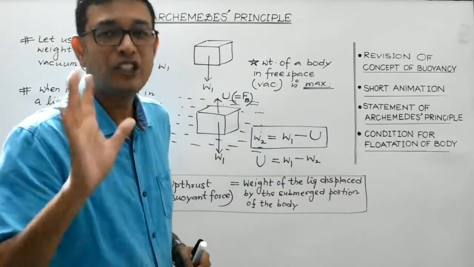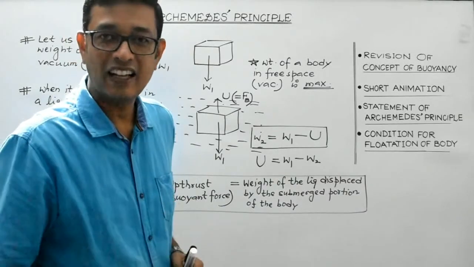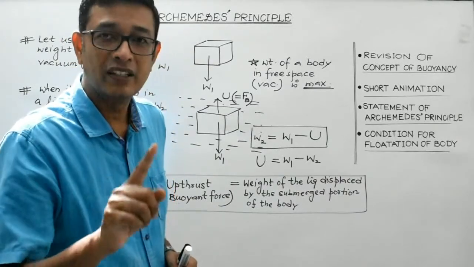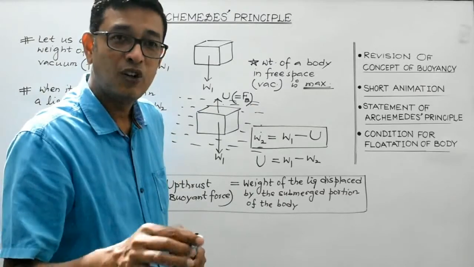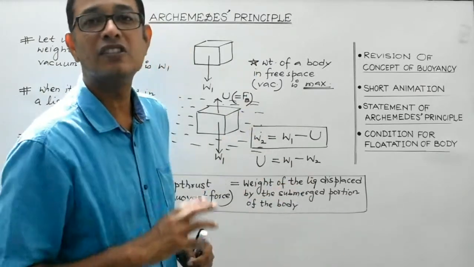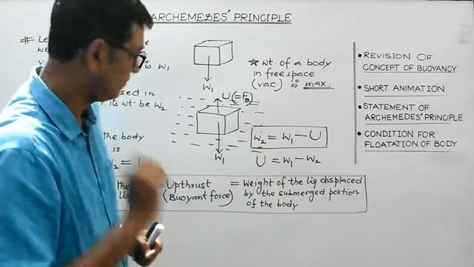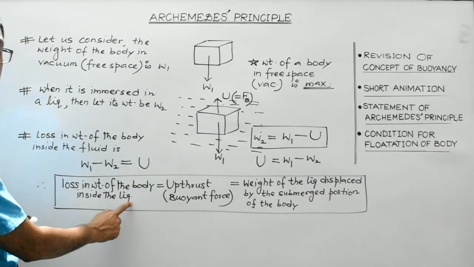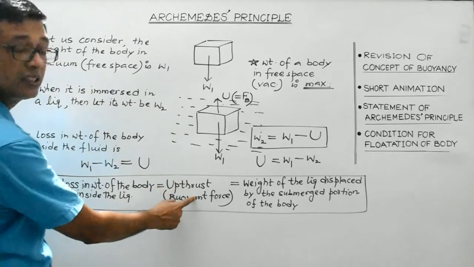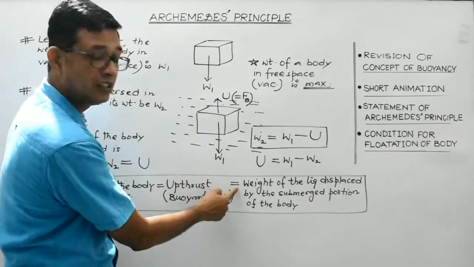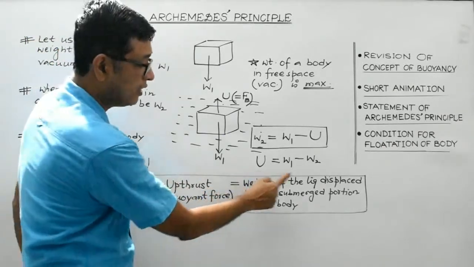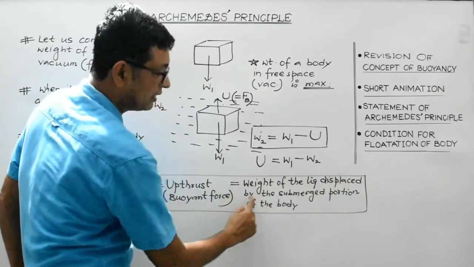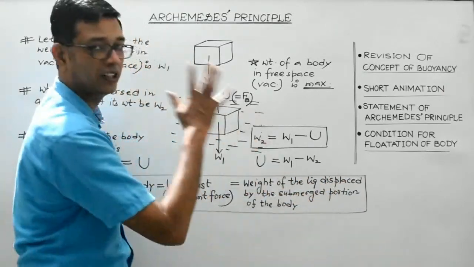According to Archimedes Principle, whenever a body is partially or completely immersed inside a liquid, then the loss in weight of the body inside the liquid is equal to the upthrust, which in turn is equal to the weight of the liquid displaced by the submerged portion of the body.